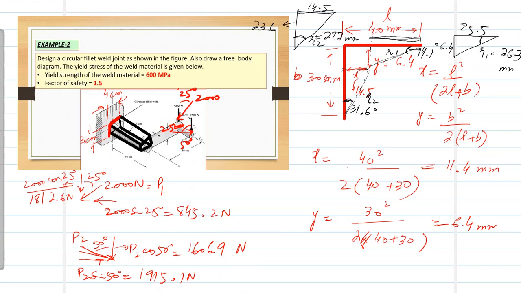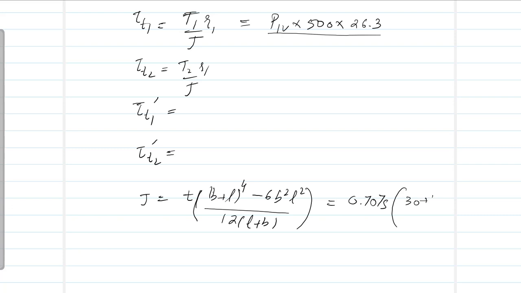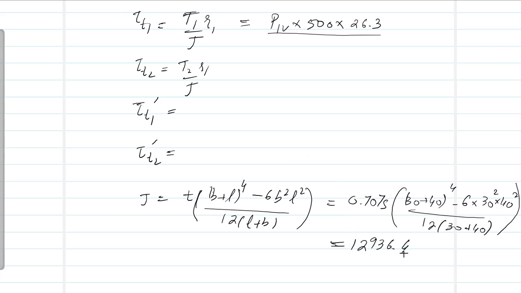So 30 plus 40 power 4, which is 70 power 4, minus 6 into 30 square into 40 square, divided by 12 into 70 into 0.707. That is 12936.4 millimeter 4.